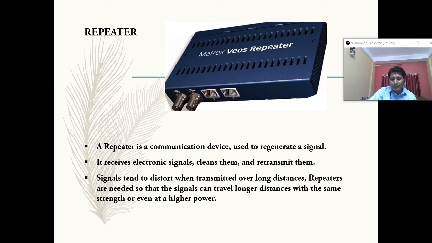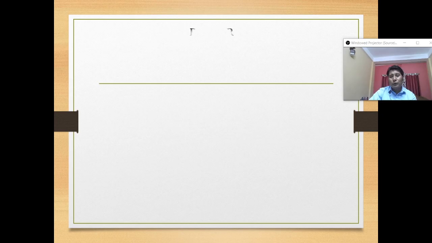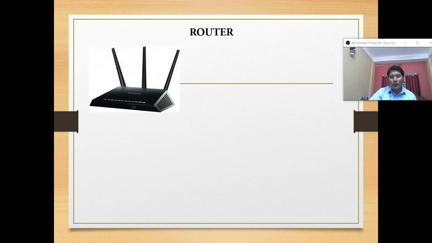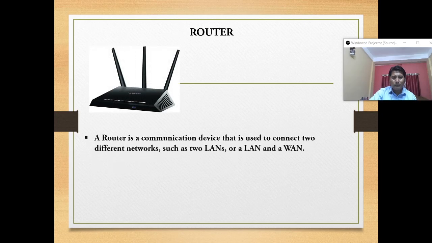As I have said, the signal tends to distort, meaning it may get disturbed, when transmitted over long distances. So repeaters are needed so that the signal can travel long distances with the same strength and even at a higher power.